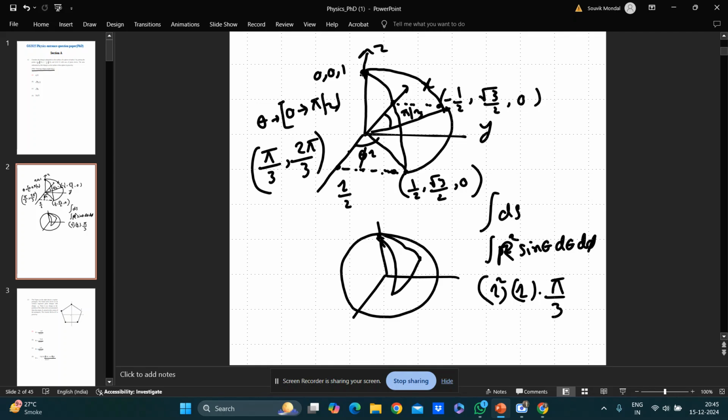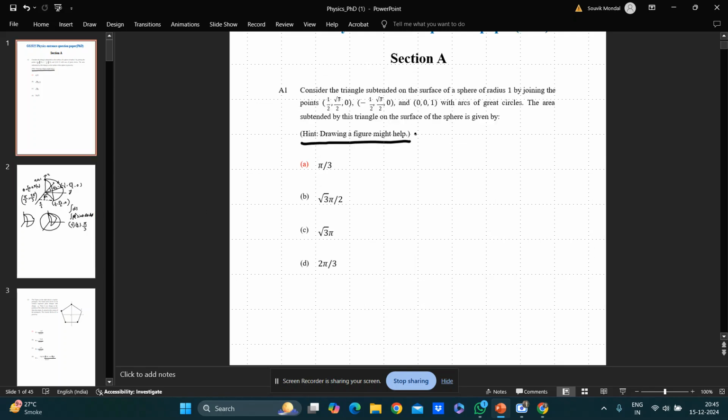So the main thing is that you have to visualize the diagram. Here is a point, here is another point, they are on the surface of the sphere, and you are joining them like this. That's why they give this hint. So this is the option.